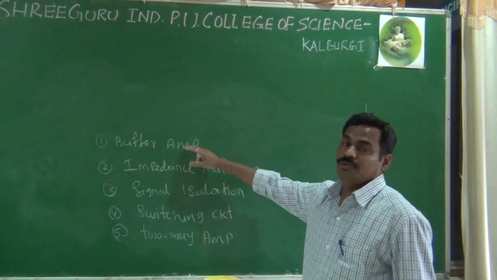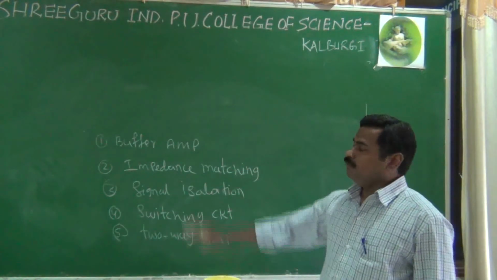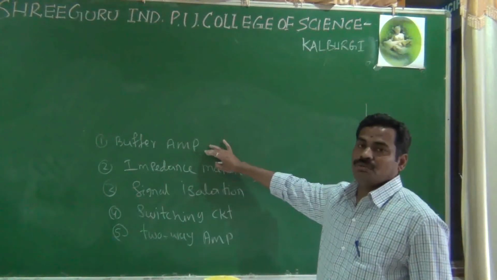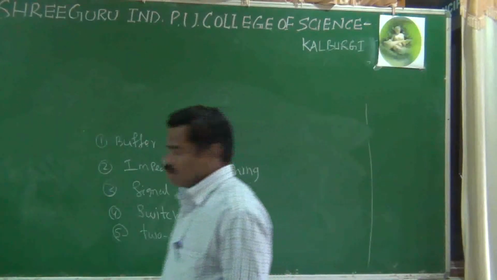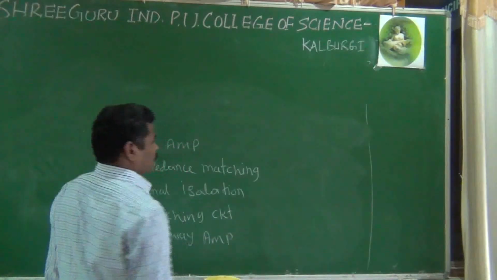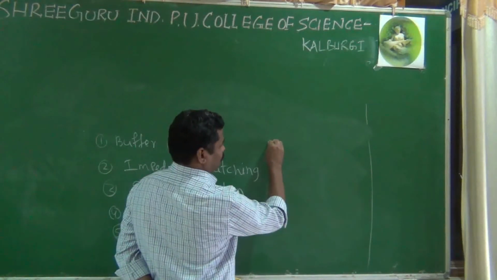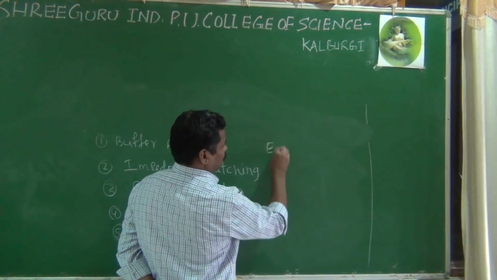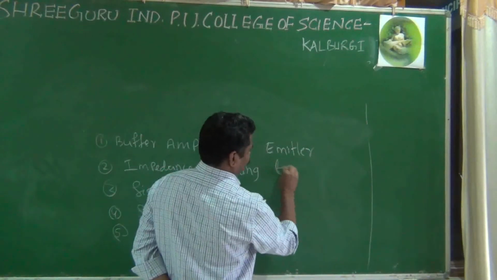This one is called a voltage buffer amplifier. Why is it called a voltage buffer amplifier? Because here the voltage gain is 1. Another most important thing about your common collector is that it is also called an emitter follower.